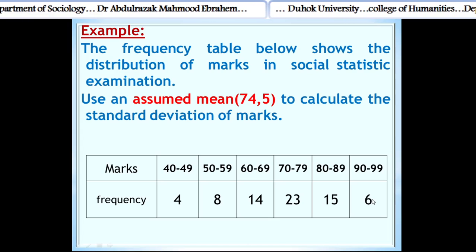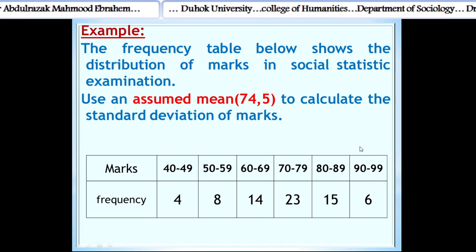Now, what must we do with the first table?